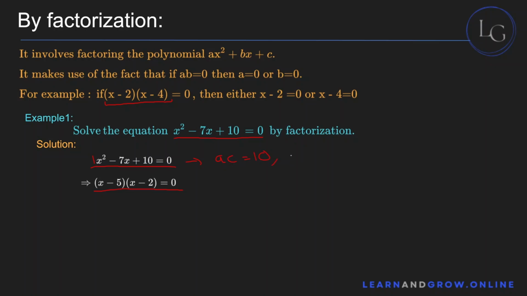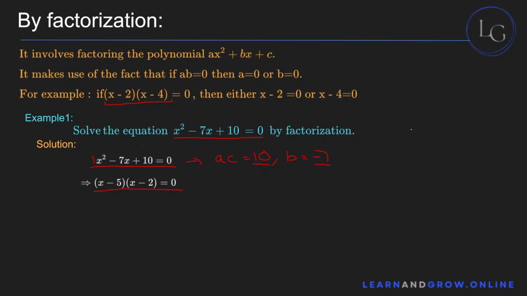And the value of b here is -7. So what you must remember is the value of a multiplied by c and the value of b. You must find two numbers that when you multiply them, they'll give you 10, and when you add the same numbers, they'll give you -7.